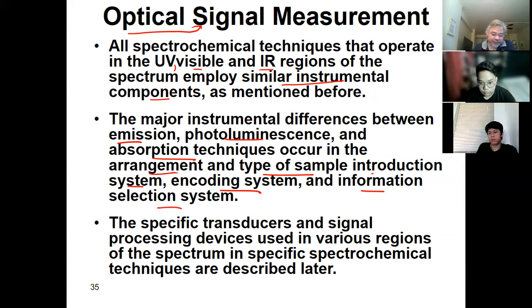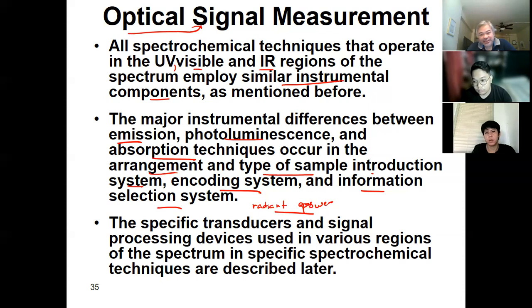All techniques depend on the measurement of radiant energy or radiant power. If you don't have a light source, you don't have any spectroscopic methods. I think that's the one and most important part.